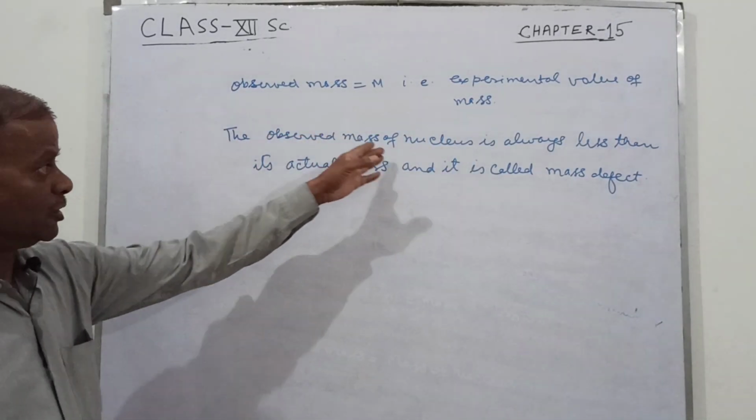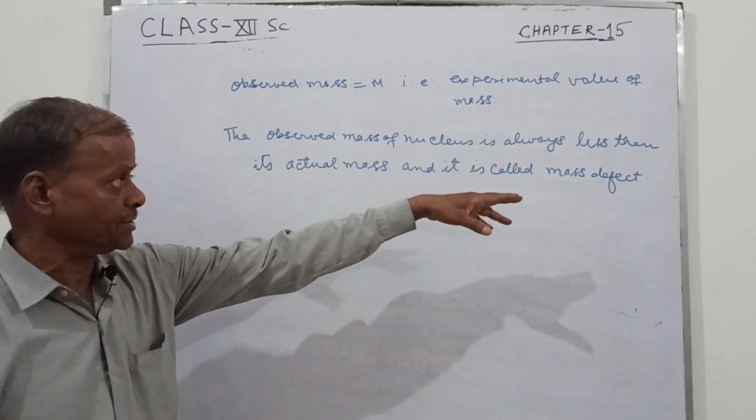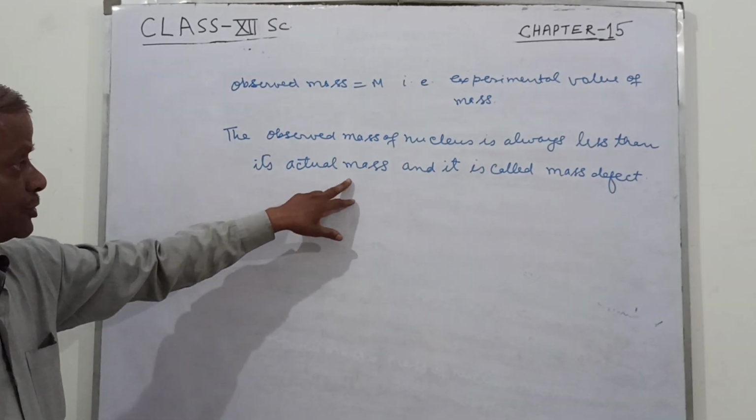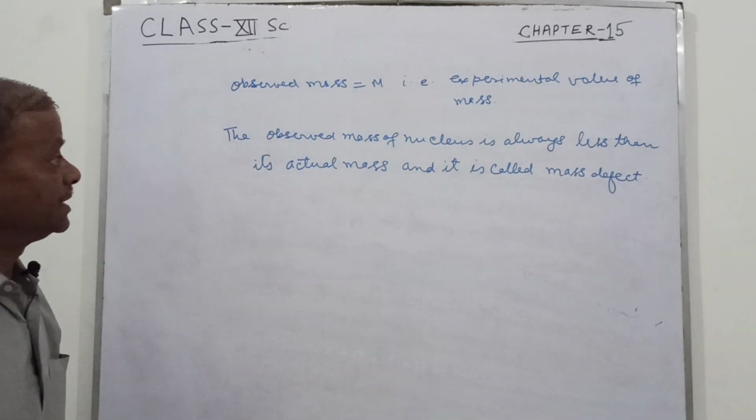The observed mass of nucleus is always less than its actual mass.